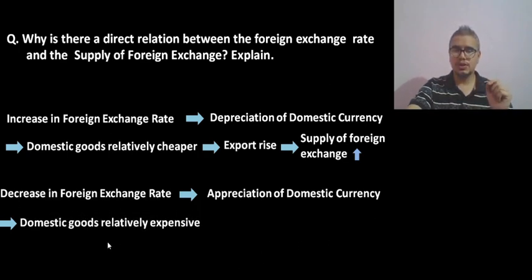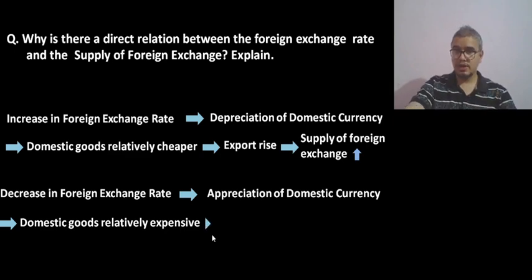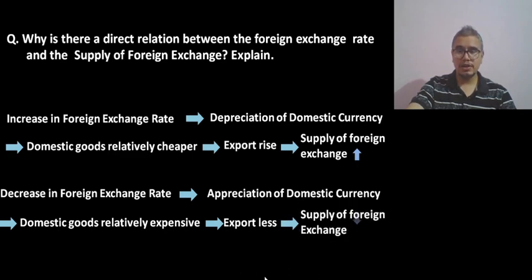Since they have become relatively expensive, they will now purchase less. Purchasing less means our exports will decrease, so we will be exporting less now. And when we export less, there will be less supply of foreign exchange. So the foreign exchange supply will reduce, will fall.